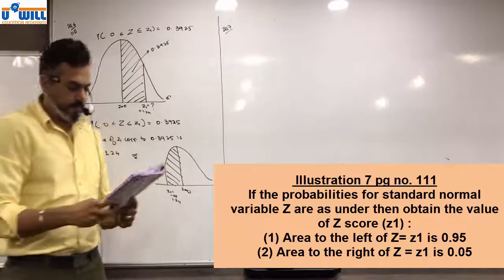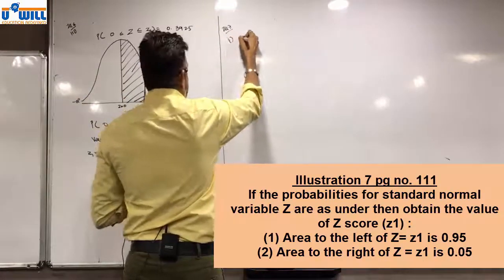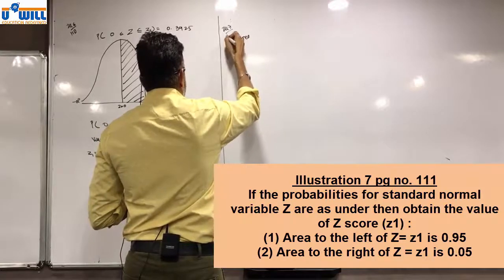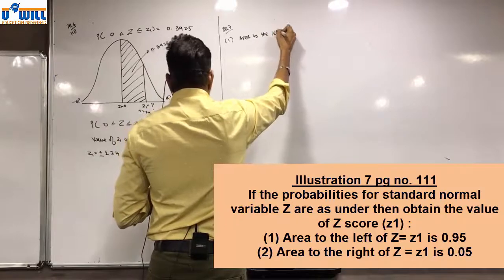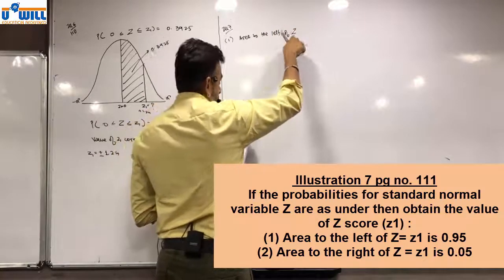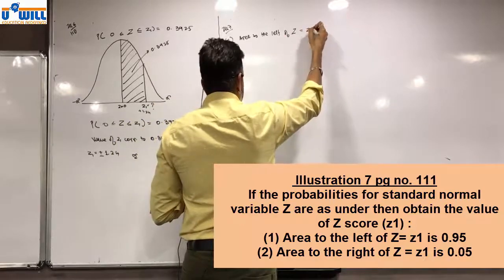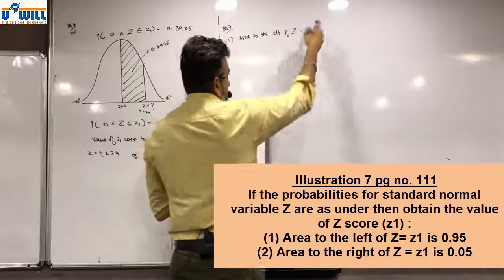Now first, we write area to the left of capital Z. Capital Z denotes the area. Is equal to Z1, the Z1 score, what we see in the table.